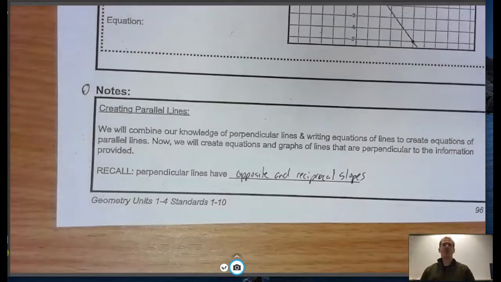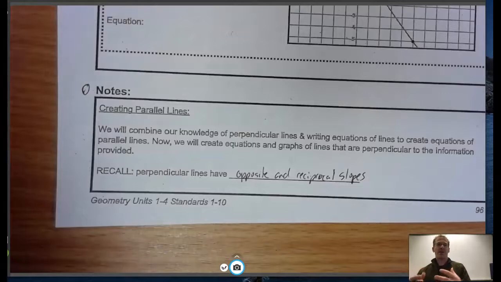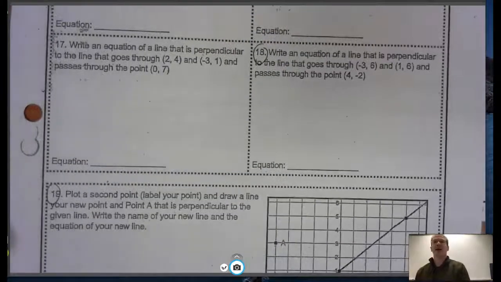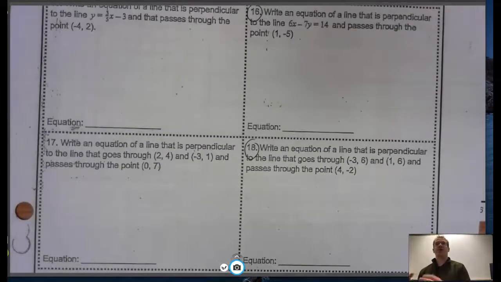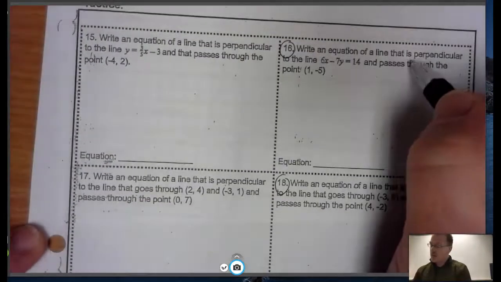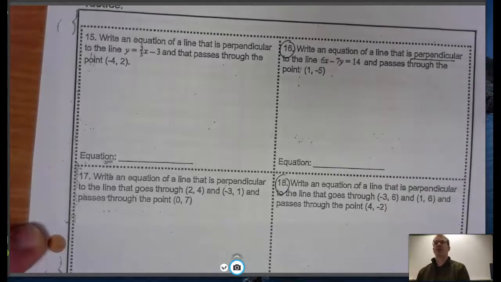Okay, and I'm just going to go through a couple of very quick examples, and it's a very similar process. The only difference is how you get the slope. So let's look at 97. I'm just going to go through 16 and 18 because it's really the same process here, right? So notice the only difference is just pay attention to the wording. We want perpendicular this time.